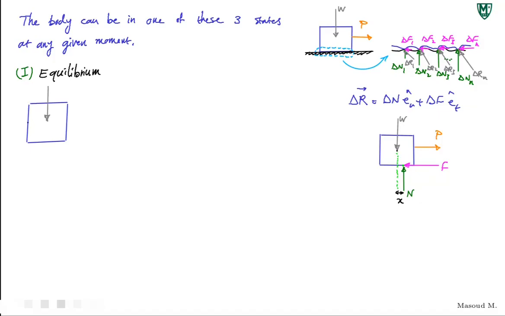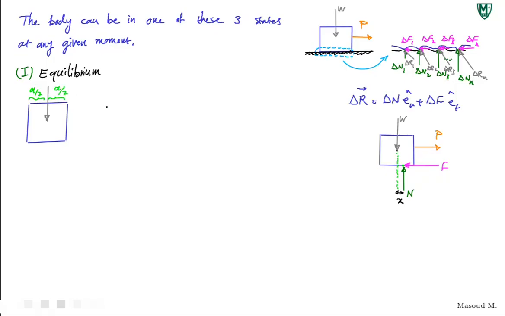Let's say the box has a width of A. So this is going to be A over 2, A over 2.